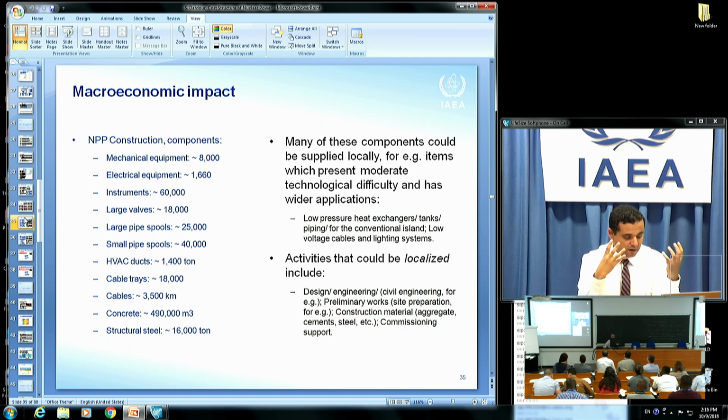And as you can see, we have huge quantities and volumes, and many of these components, and the services related to construction, can be supplied locally. For instance, concrete can be supplied locally, structured steel can be supplied locally, cables, etc. There's a huge potential for the local industry to be involved in such a project. And that's a huge economic benefit for the local economy.